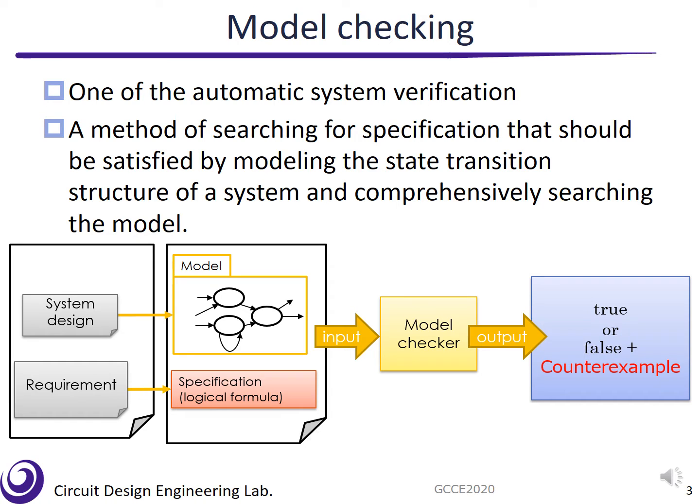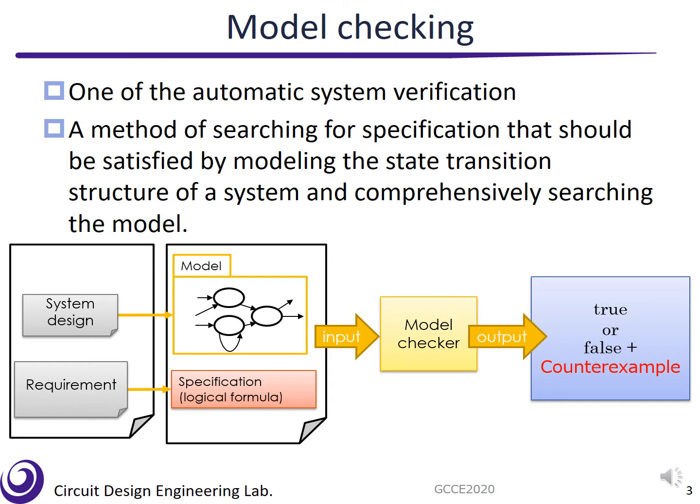Model checking is one of the automatic system verification methods, a method of searching for specifications that should be satisfied by modeling the state transition structure of a system and comprehensively searching the model.